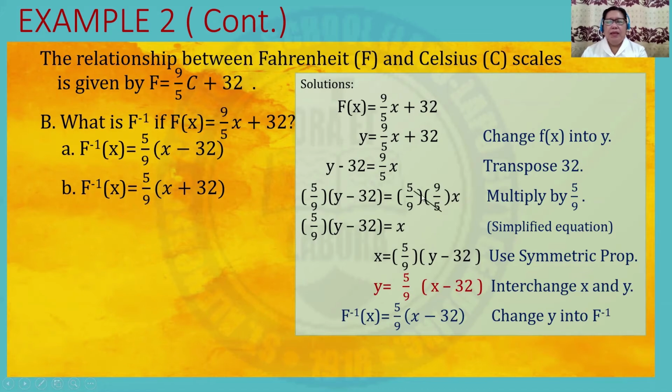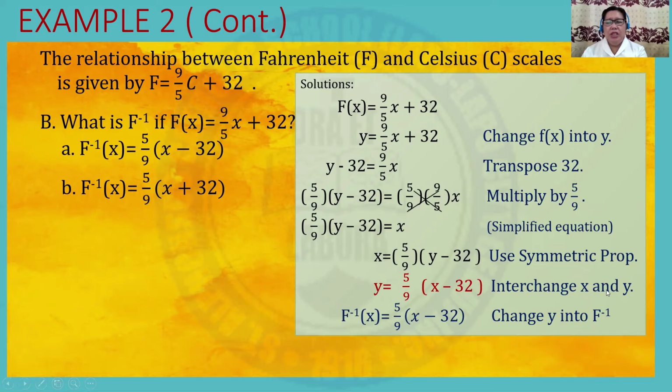So, cancel 5, cancel 9 and 9. So what is left here is X. Then you will have 5/9 times the quantity Y minus 32. And then just use the symmetric property of equality. Then you will have X is equal to 5/9 times the quantity Y minus 32.